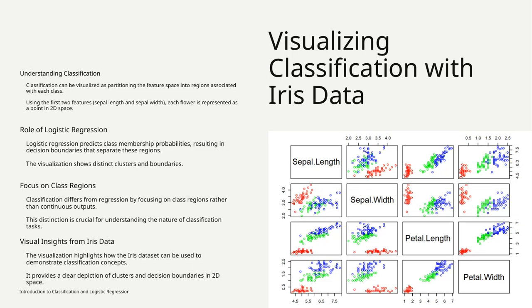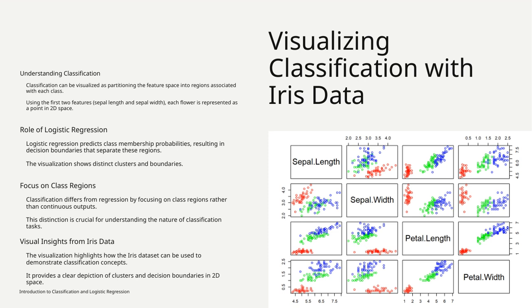Let's dive into how we approach classification and how logistic regression fits into this picture. When we talk about classification, we're essentially partitioning the feature space into different regions, each associated with a specific class. Imagine plotting the flowers based on their sepal length and sepal width. Each flower becomes a point in this two-dimensional space. This visual helps us see how the data naturally clusters.